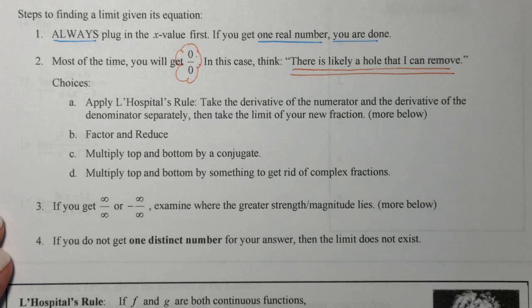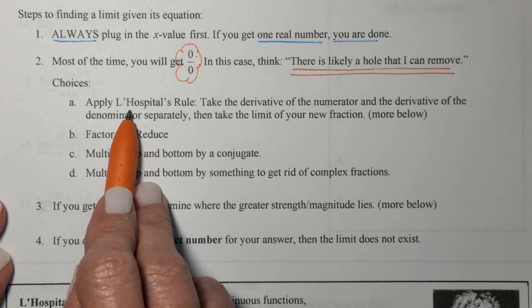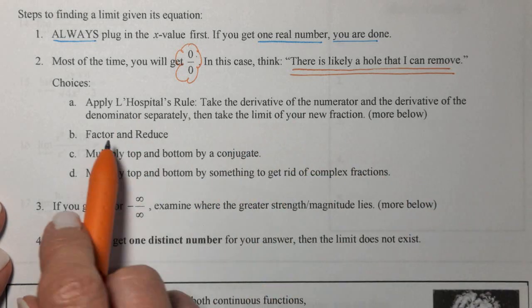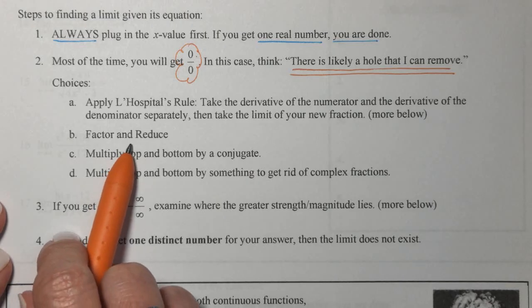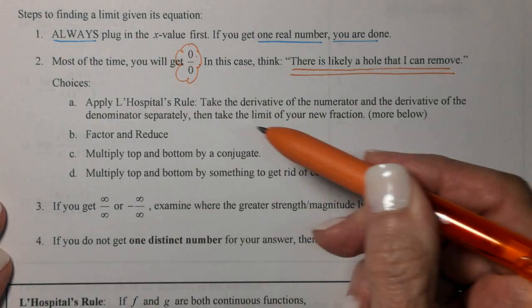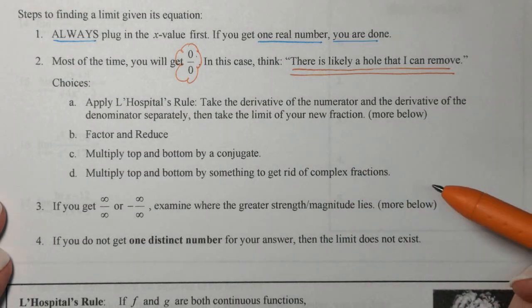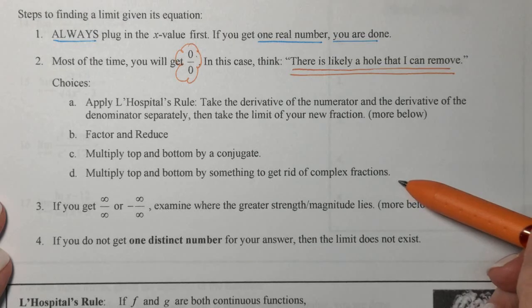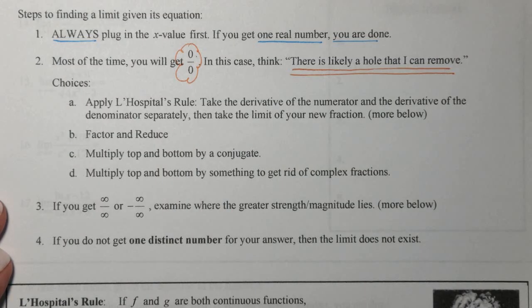However, if you don't want to use L'Hopital's rule, or there's a shorter way to do it, then you can do one of these 3. Factor and reduce, multiply top and bottom by a conjugate, or multiply top and bottom by something to get rid of complex fractions. Okay?